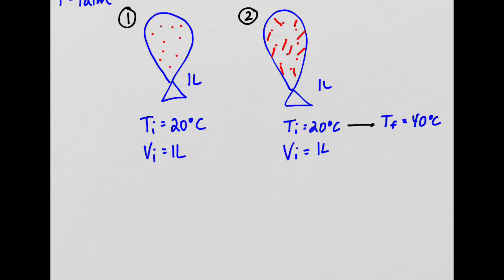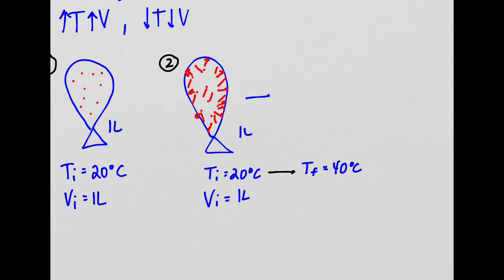They're going to hit the container way more. Those collisions that the particles exert on the balloon are going to cause the balloon to increase in size. That does not look like it's increased in size at all. Let's do this. It's going to cause the balloon to increase in size.